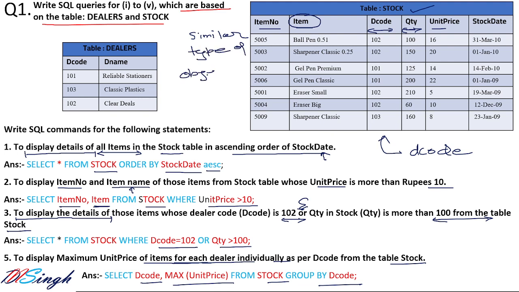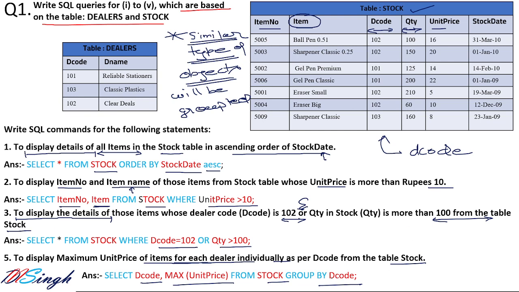So for grouping there must be similar type of objects available. If similar objects are not there in your column, then there is no use of specifying group by.